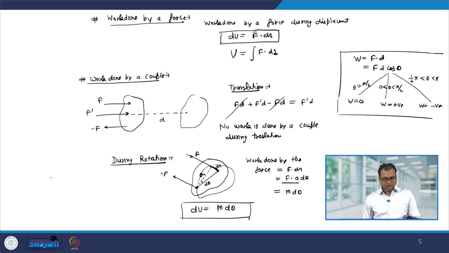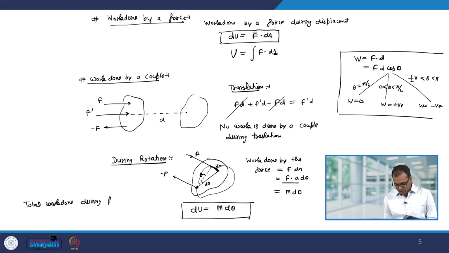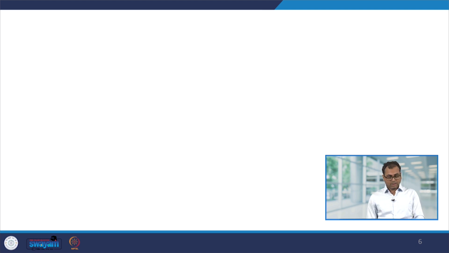Now, if you have finite rotation, the total work done during finite rotation will be U equal to integral M d theta. Now, with this general definition, let us look at what is virtual displacement.